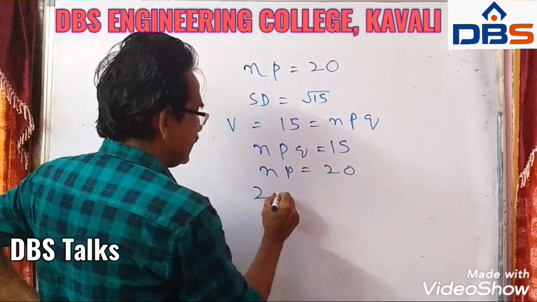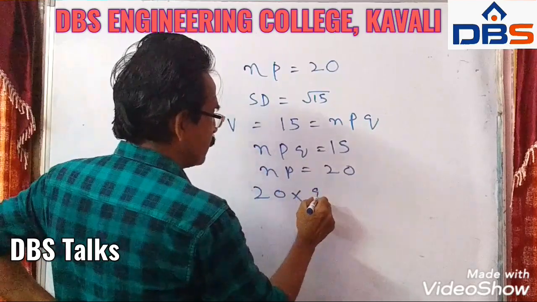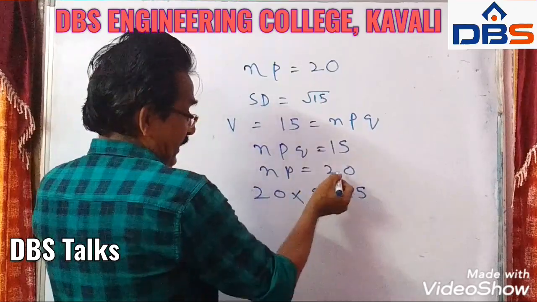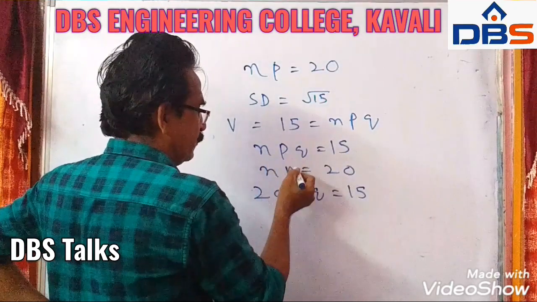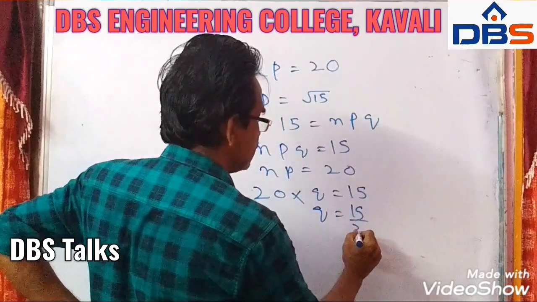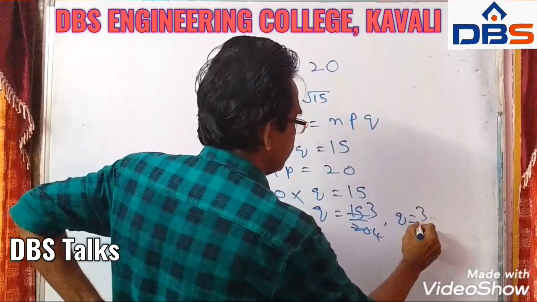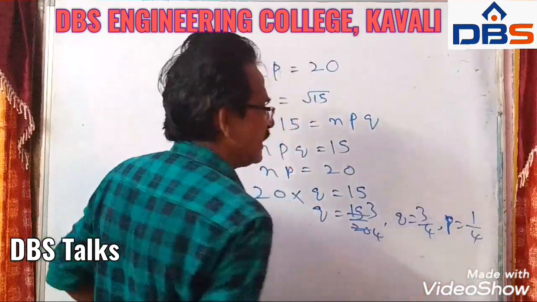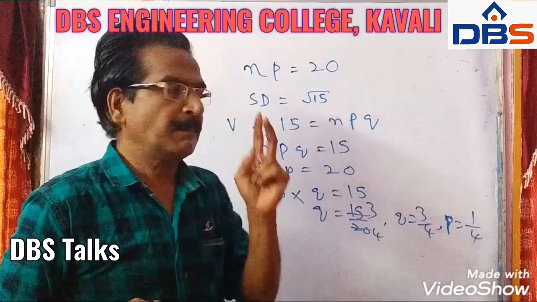So let us substitute NP as 20: 20 into Q is equal to 15. Q is equal to 15 by 20, friends. 5 3s are 15, 5 4s are 20. Q is equal to 3 by 4. Q is equal to 3 by 4 means P is equal to 1 by 4.